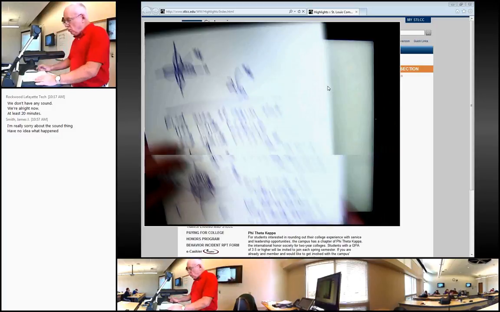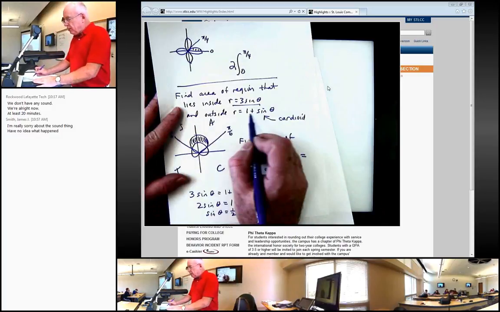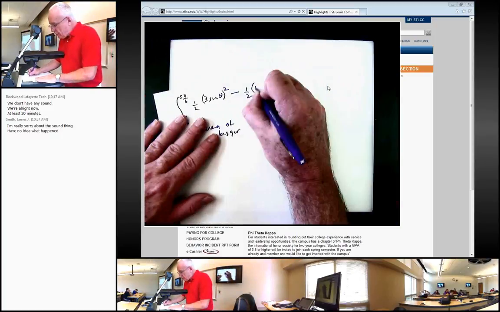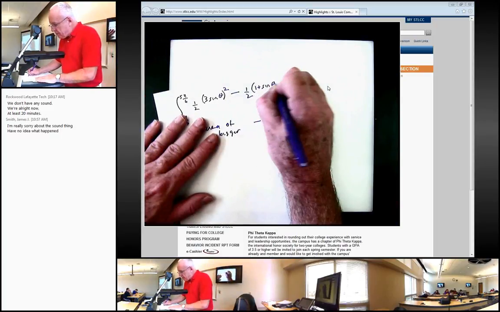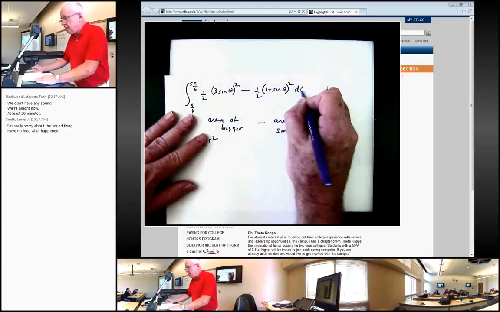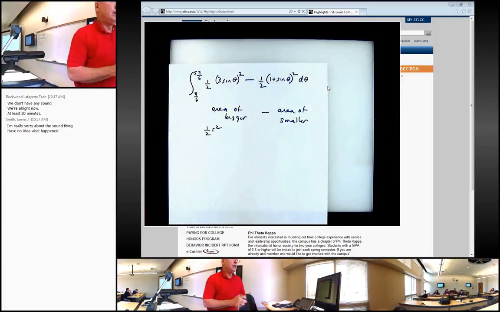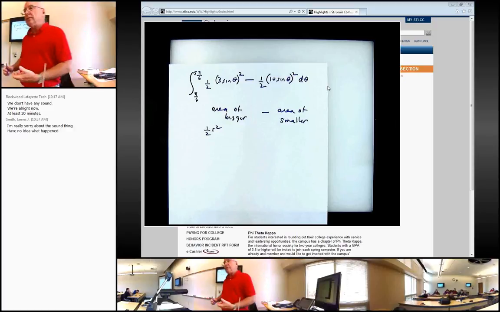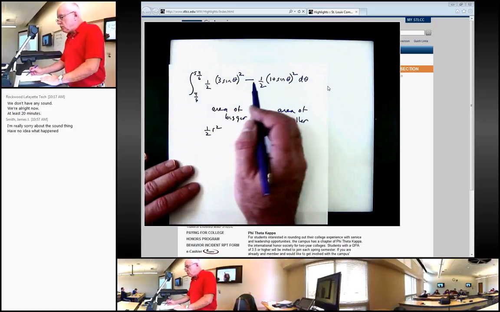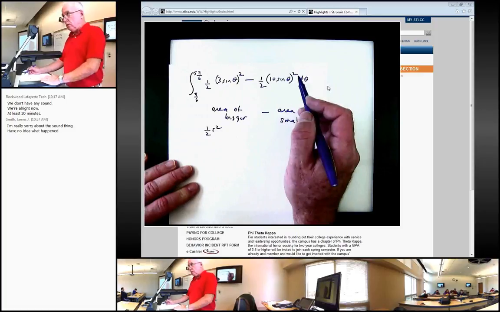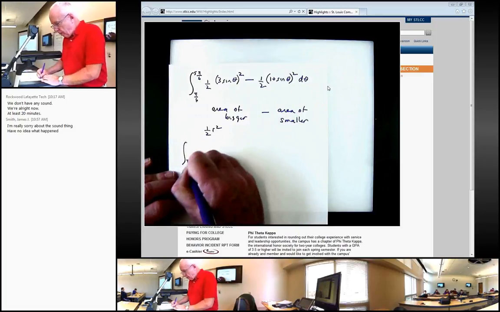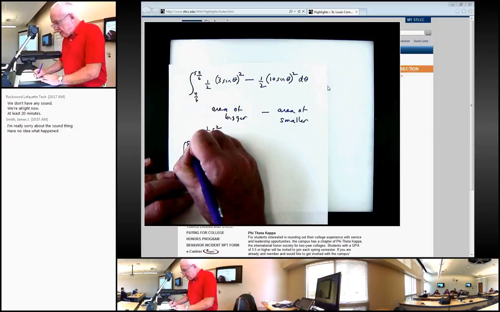The smaller one is our cardioid, 1 plus the sine of theta. So that has to be squared. 1 plus the sine of theta in parentheses squared. And then we have d theta after that. So this is the integral we have to set up. 1/2 r squared for the bigger one minus 1/2 r squared of the smaller one. All right? Are we okay with that idea?